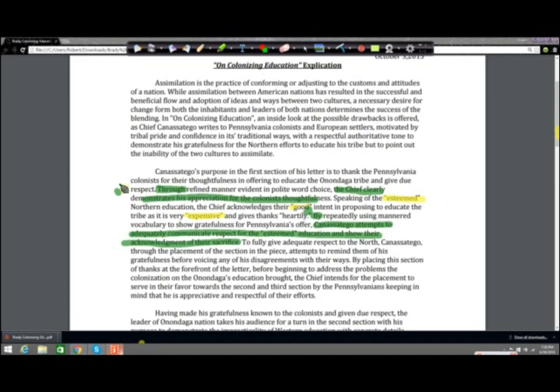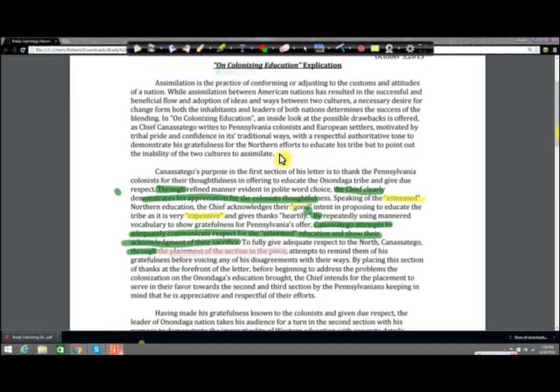Then right after, you have another explicating sentence. You have to fully give adequate respect to the North, Knesetego. Here we have another keyword: through. Through and by are really big words that you can use. Not big like complex, I mean they're pretty common and easy to use. So you can say through, then basically paste your rhetorical strategy.